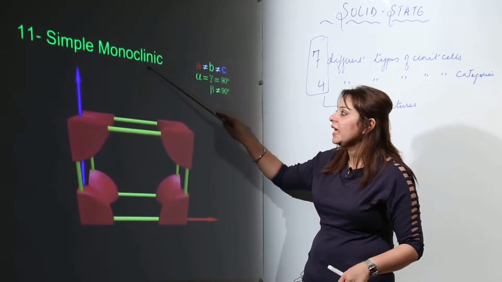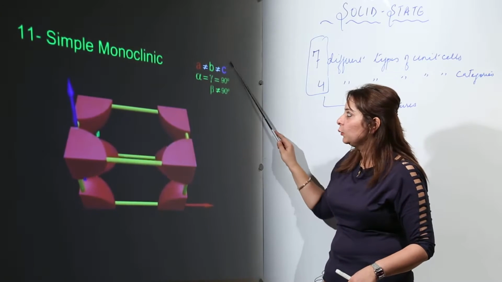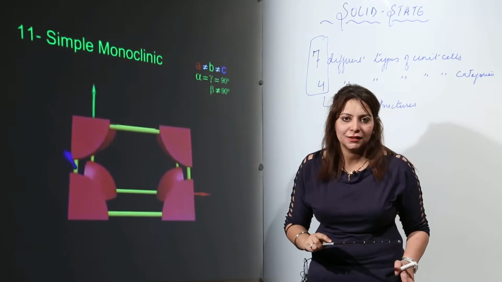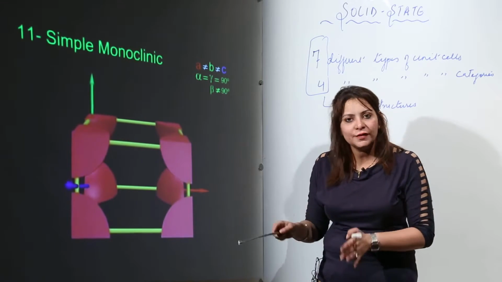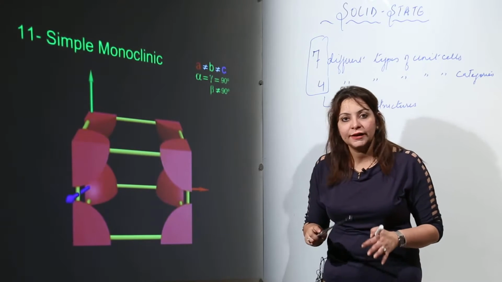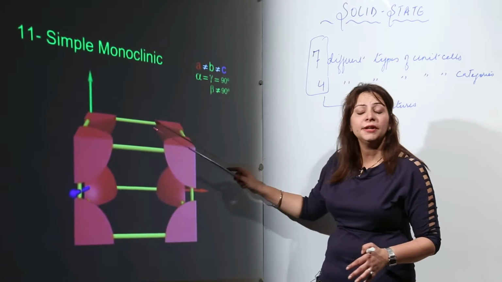Monoclinic is the one in which you see this kind of shape, and no side is equal. Alpha and gamma are equal to 90 degree, but beta is not equal to 90 degree. That means alpha and gamma are perpendicular, but beta is not, so it is not perpendicular. You see it in a primitive form. What is the primitive form?